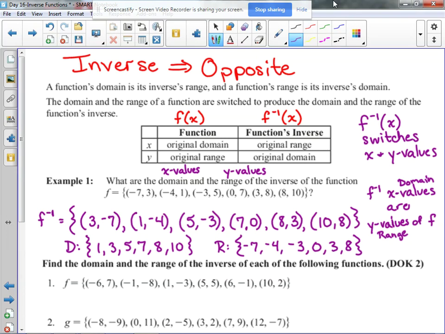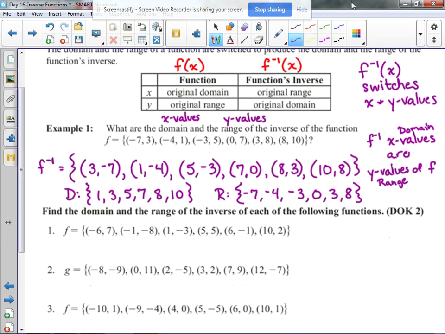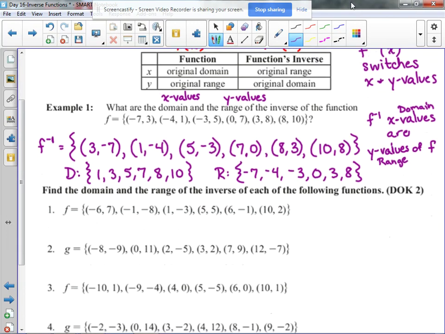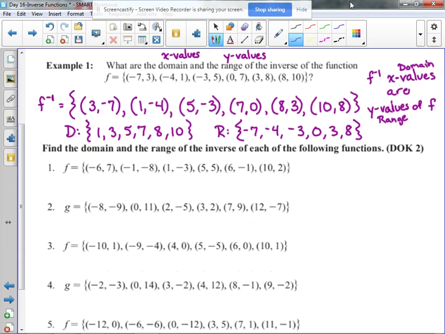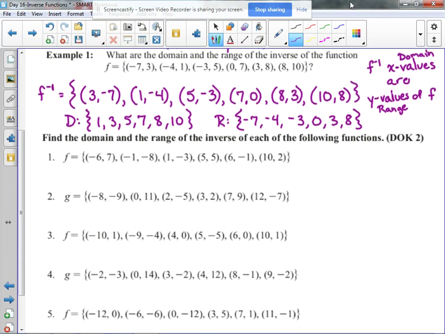So, lots and lots of words. Any questions so far? Okay. Let's look at, I want to do one more just to make sure we're on the same page. I want to do number 3 because I want to point out a little detail.